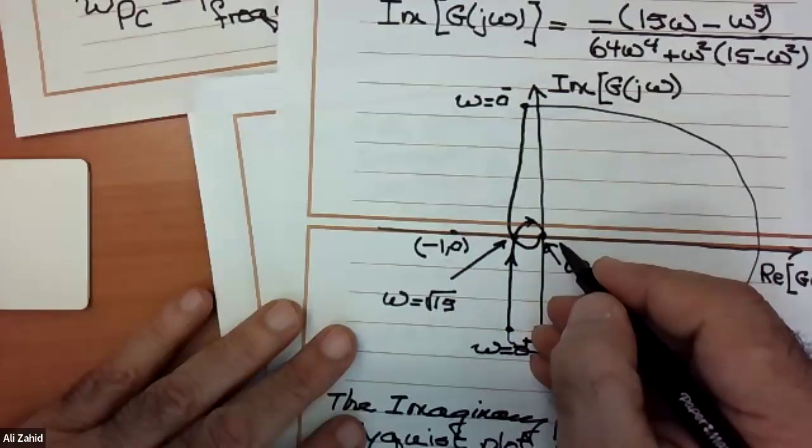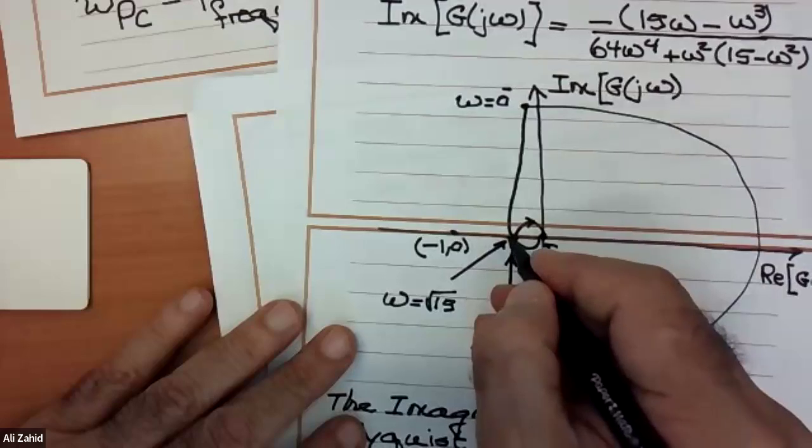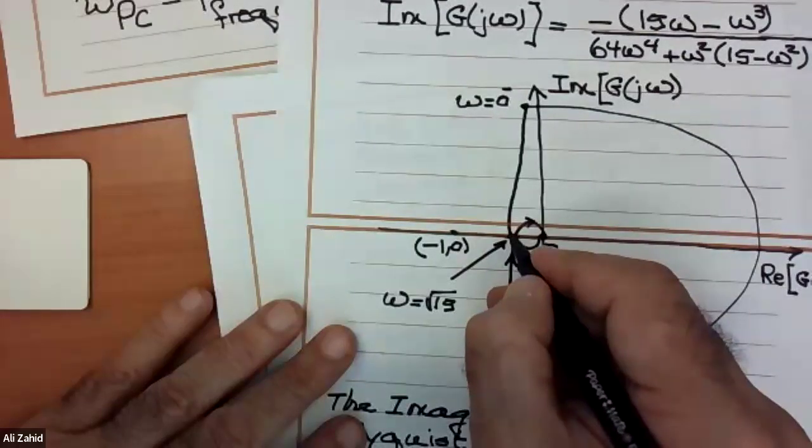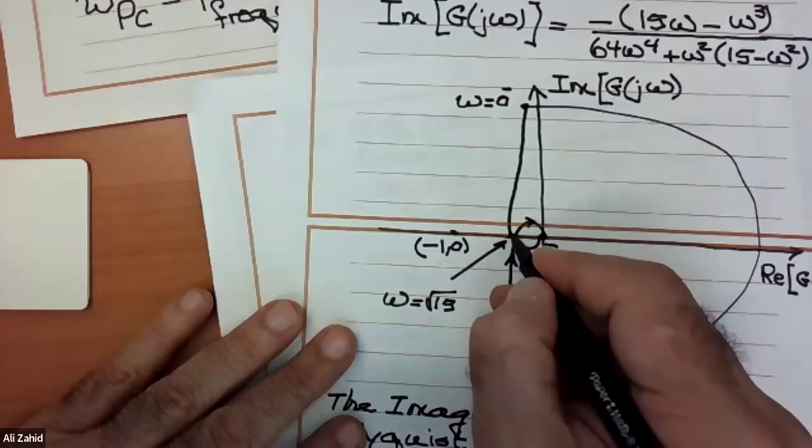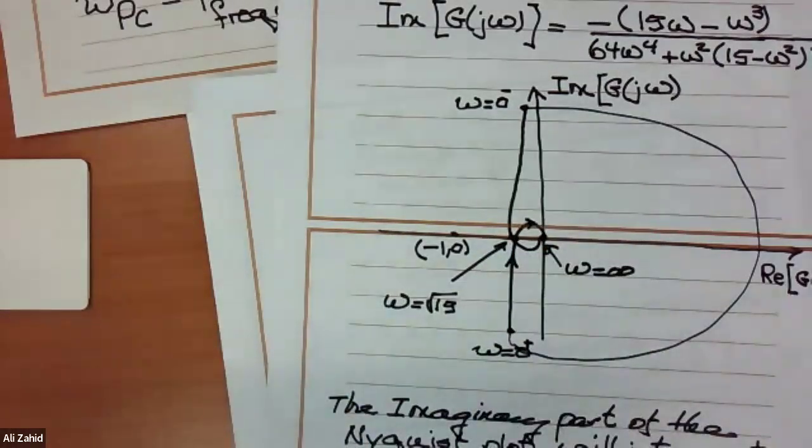Now, when I get here, at the point where it is intercepting the real axis, what is the magnitude? 0.0083. Don't put minus sign. The magnitude is always positive. What is the phase angle? Minus 180.